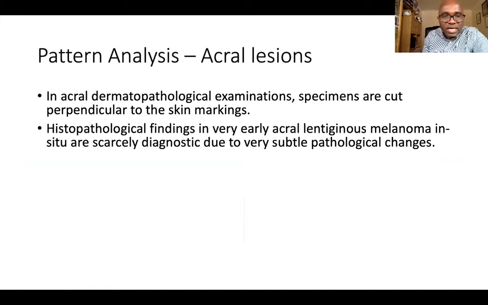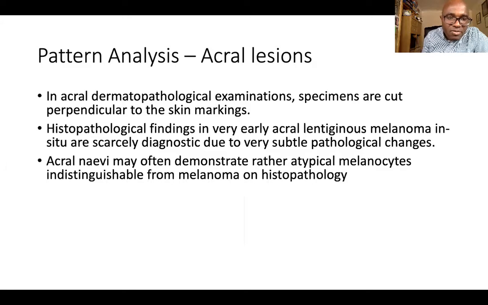Okay, and when histologically the finding is very early acral lentiginous melanoma in situ, it is scarcely diagnostic due to the very subtle pathological changes going on there. So you're looking at where the melanosomes are spreading from the melanocytes. Acral nevi often would demonstrate an atypical melanocyte distribution, which is indistinguishable from melanomas on histopathology alone.